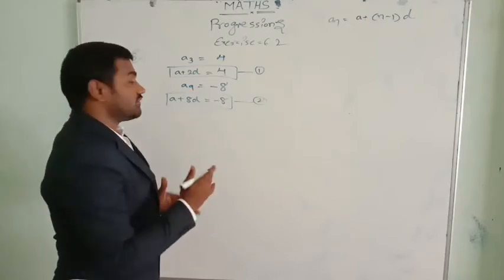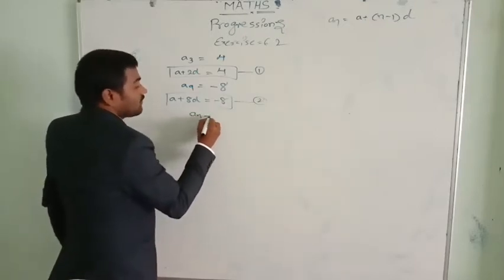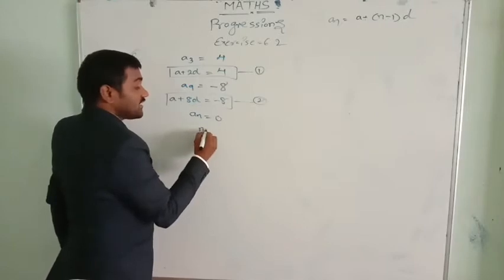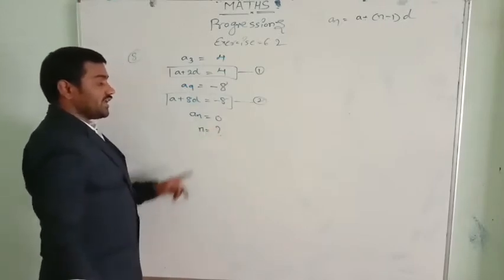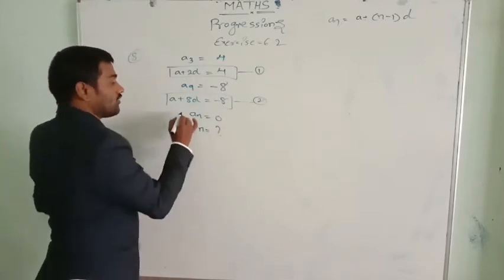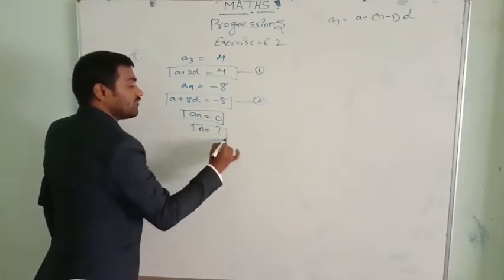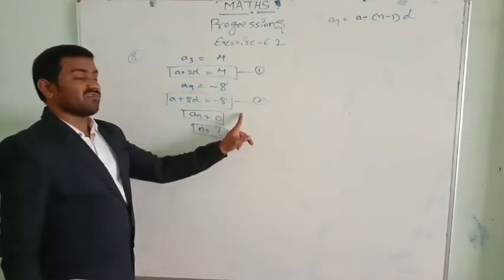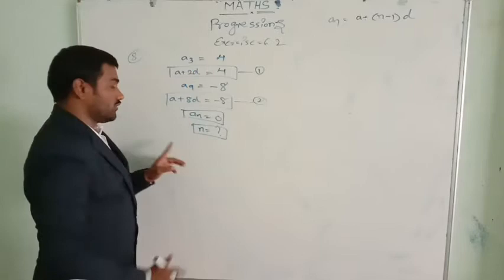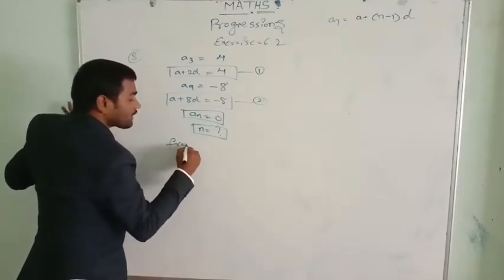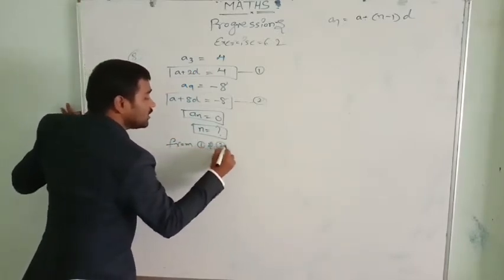Let an equal 0. The n value we need to find out. From equation numbers 1 and 2 we get the a value and d value.